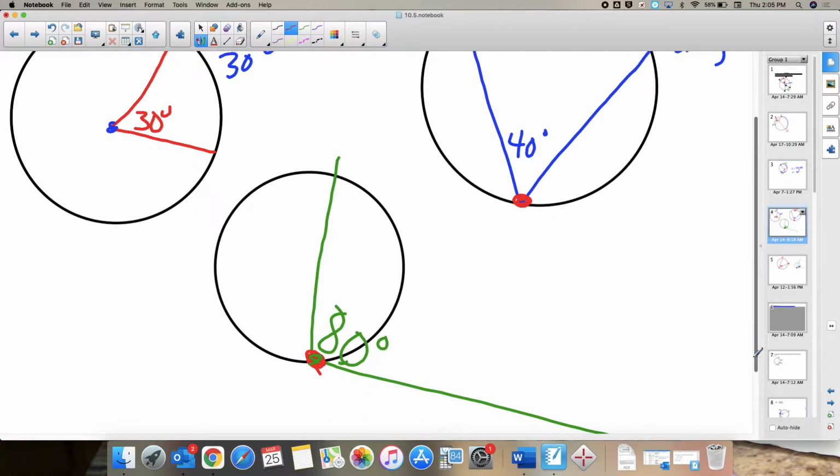Our third type will look like this. It will no longer remain inside your circle, which is why they do treat it a little bit differently. However, the relationship is the same. Notice where your vertex is. Vertex is on your circle. If your vertex is on your circle, the measure of your angle is half the measure of your arc. So here my arc would be 160 degrees.